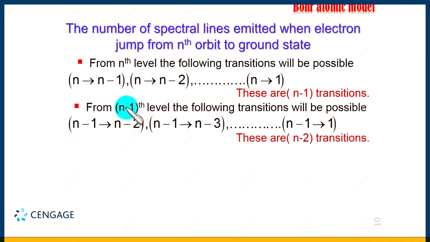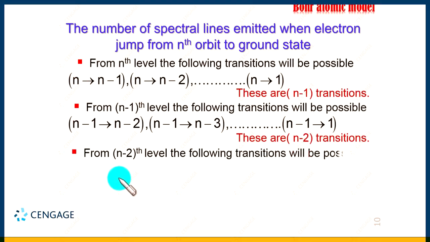Similarly, now let us consider from the (n minus 2)th level to n equal to 1 or ground level. So, here what we will do? We will substitute n minus 2 in place of n. So, transitions here will be n minus 2 to n minus 3, n minus 2 to n minus 4, and finally from n minus 2 to 1.